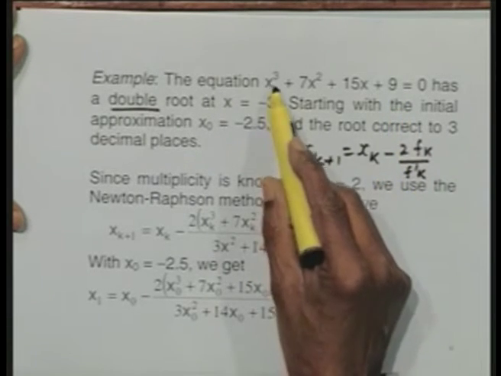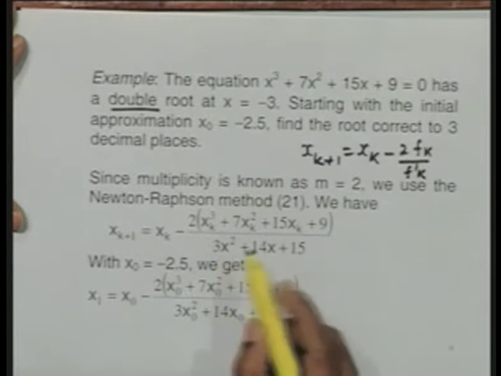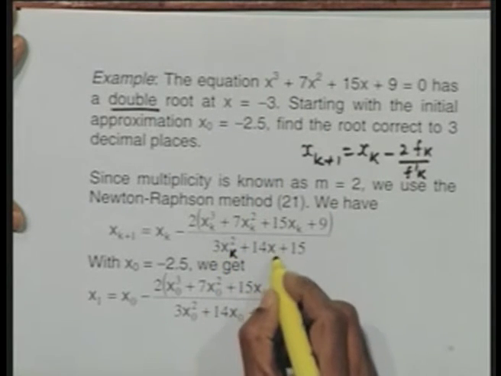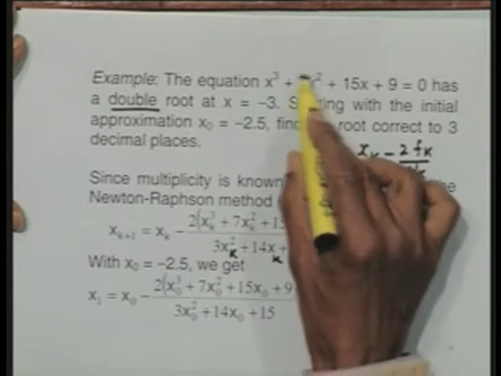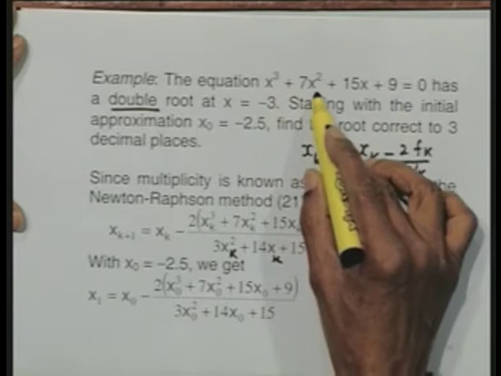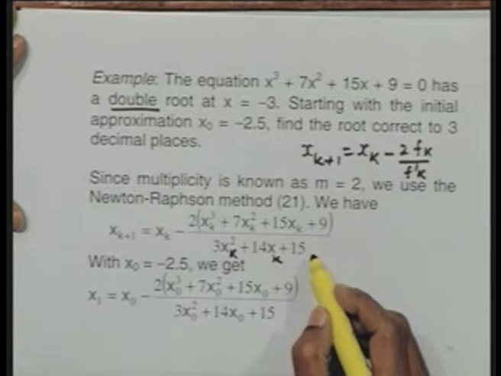Differentiating with respect to x, I have 3xk squared plus 14xk plus 15 in the denominator.